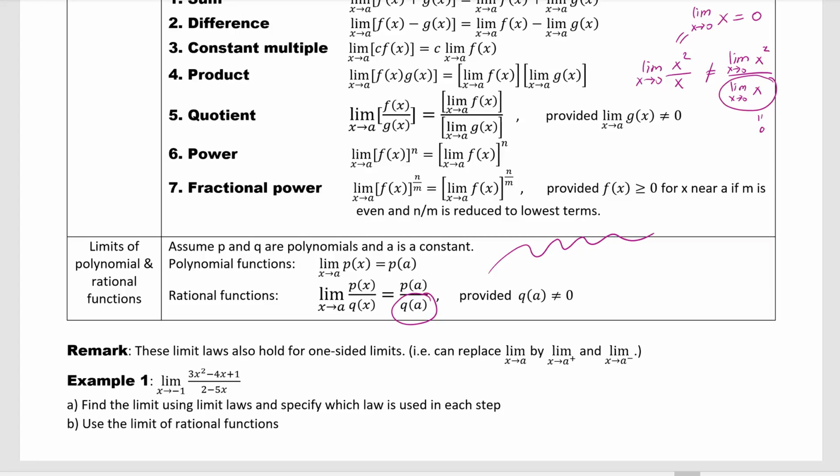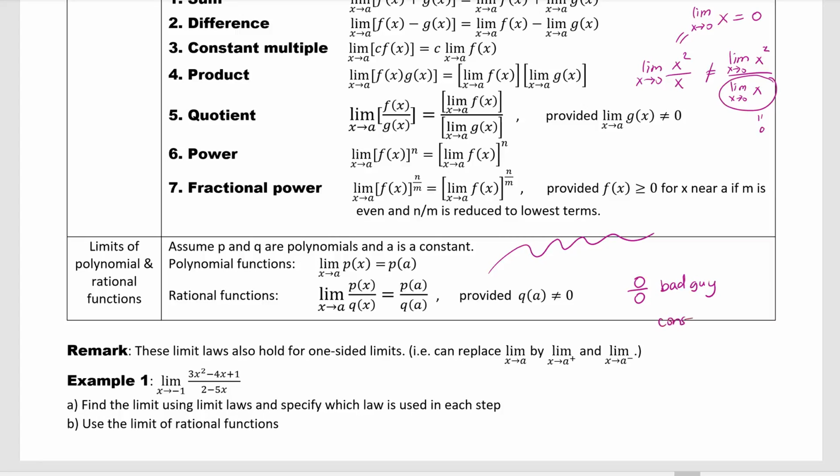If the denominator is 0, either you have 0 over 0, which means there is a bad factor, and you can factor it out and cancel it. Or you have a constant over 0, which means you should expect positive infinity or negative infinity. So let me write it down. 0 over 0 means there is a bad factor; we can factor it and cancel it.